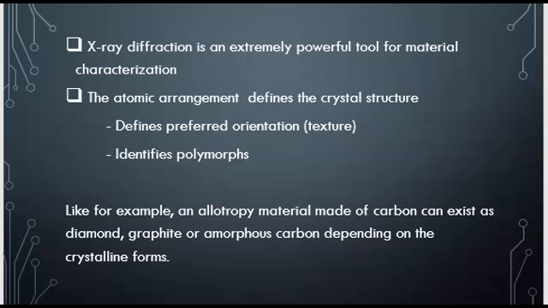Carbon can either form graphite or diamond or even an amorphous structure depending on its crystalline form. So in the case of carbon, it is extremely important to not only identify that the element carbon is present, but also the structure that it takes, to understand what material you are working with.